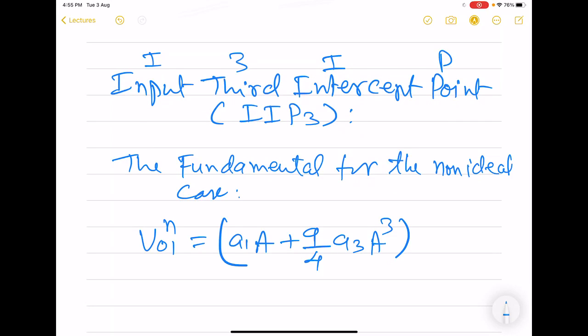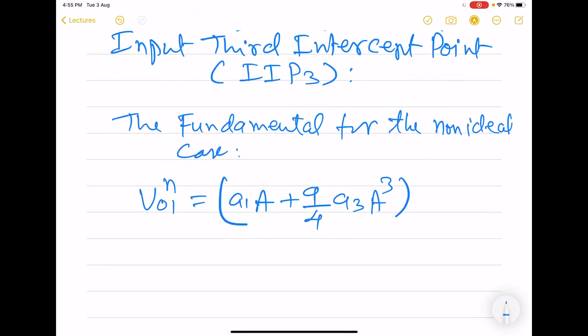And here one can see that this is going to be approximately equal to A1 A for small A. That means when the input amplitude is small, the fundamental amplitude for the nonlinear case is similar to that of the ideal case or linear case. Only when the amplitude becomes large does it start getting deviated.